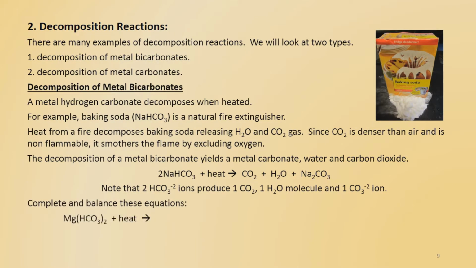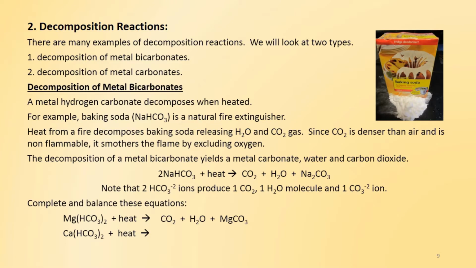Let's get some practice. This is magnesium bicarbonate. Magnesium bicarbonate, when heated, will decompose into carbon dioxide and water and the metal carbonate, in this case magnesium carbonate. Now this one's easy to balance because magnesium is in group 2A, its charge is +2, and carbonate is -2, so they combine 1 to 1, and that equation is balanced.